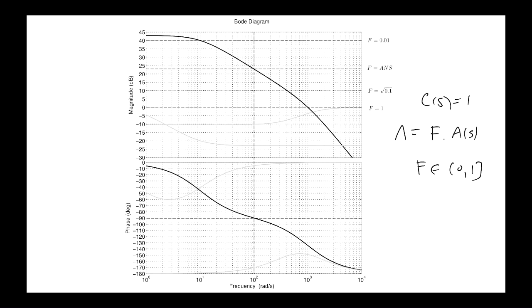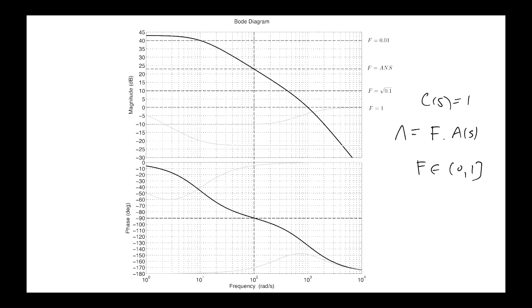All right. If we now change F so that the 0 dB line moves up to here, which is the same as bringing this down by a corresponding amount, you end up with a new crossover frequency. So changing F changes the crossover frequency.